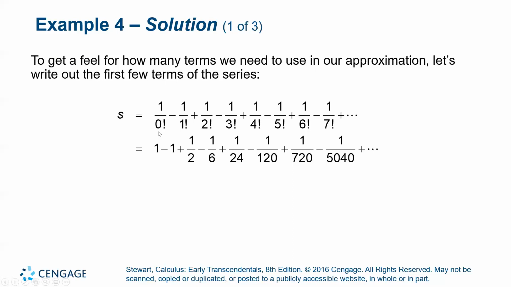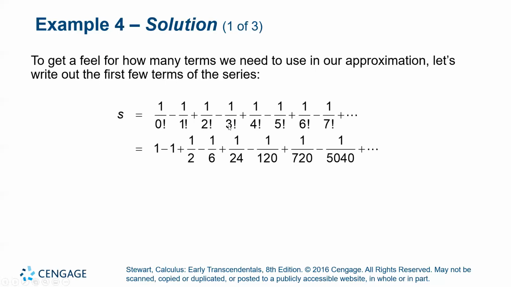So remember, or I don't think I've ever told you this, but 0 factorial is 1, 1 factorial is 1, 2 factorial is 2 times 1, which is 2, 3 factorial is 3 times 2 times 1, which is 6, 4 factorial, 4 times 3 times 2 times 1, which is 24, and so on. You can also just use the previous factorial and multiply by the new number.